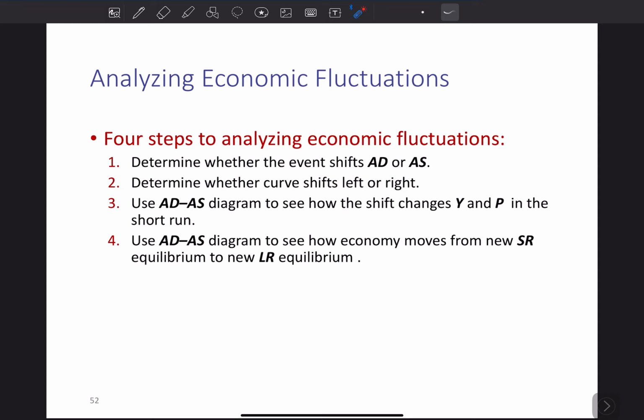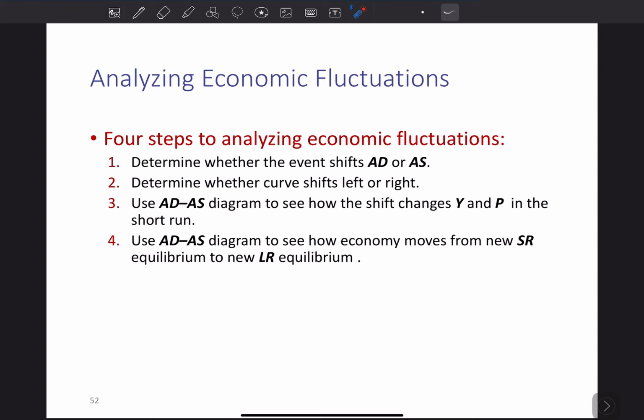In the third step, we're going to look at what happens in the short run. What is the short-run effect? We are going to use the aggregate demand and aggregate supply diagram to see how the event changes the output Y, the price level P, and unemployment in the short run.